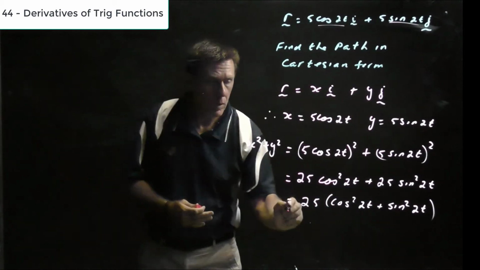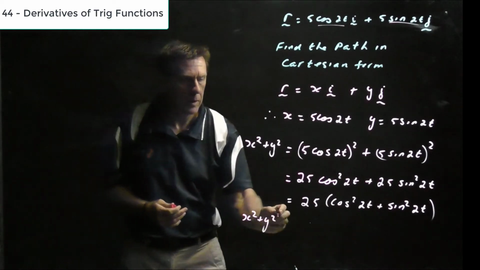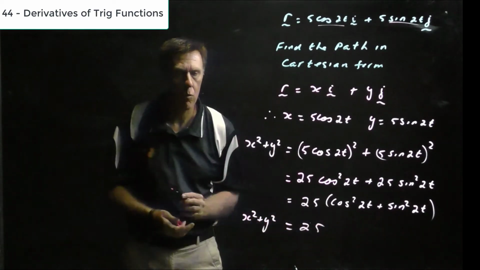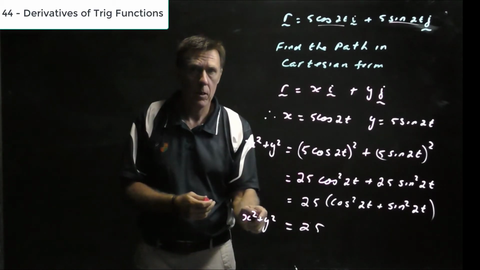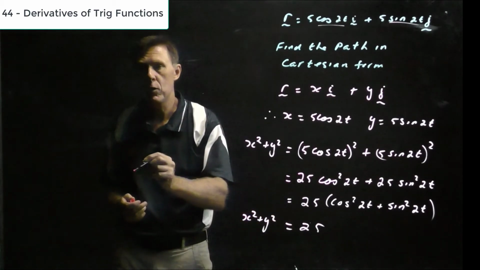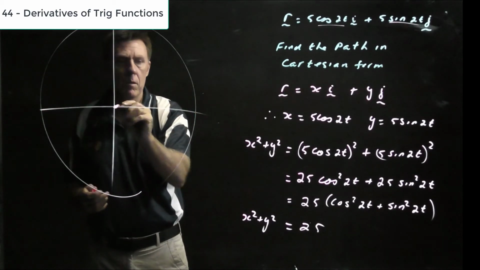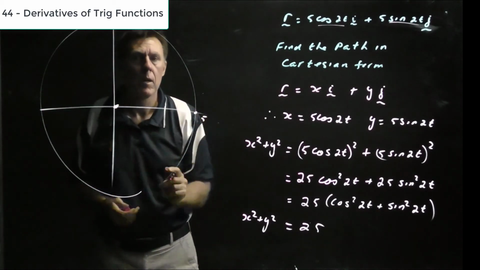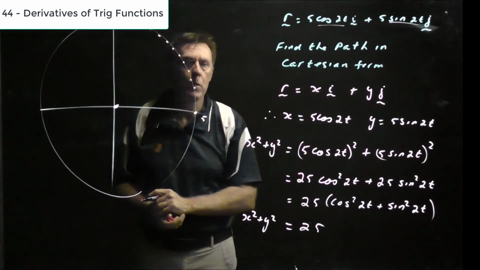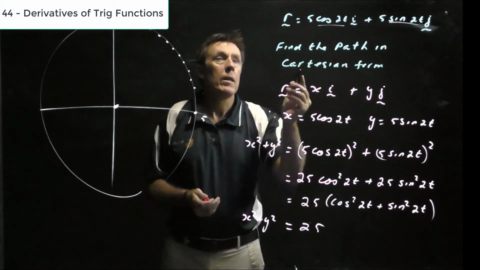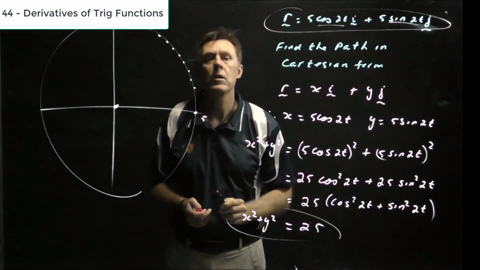We know that comes to 1, so I now have x squared plus y squared on the left-hand side equal to 25 on the right-hand side. That's the equation of a circle, centre at the origin, radius 5 units. And so the position vector traces out those particular points. That's how to convert your position vector into a Cartesian equation.